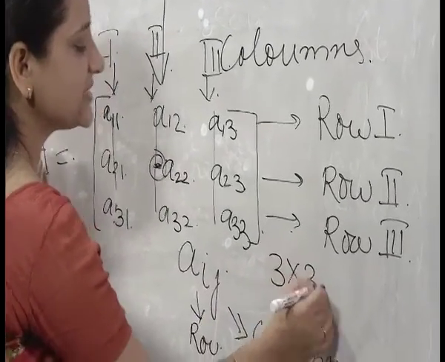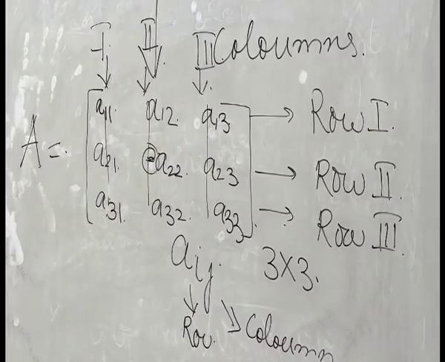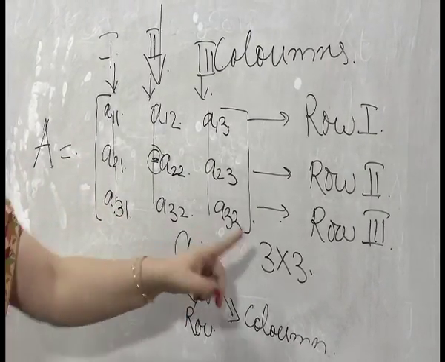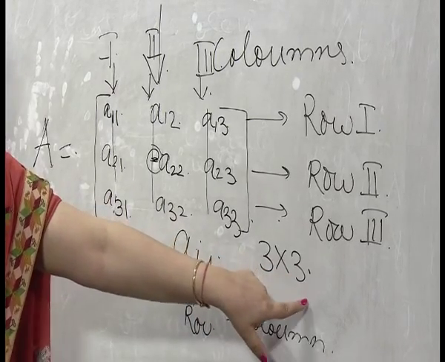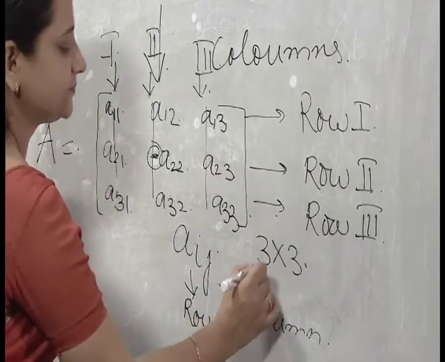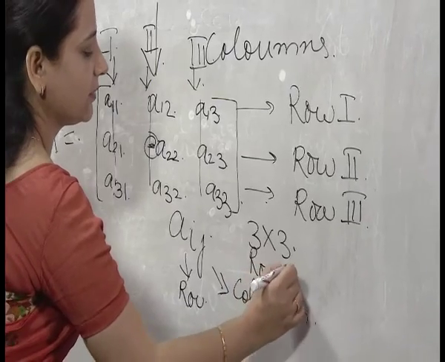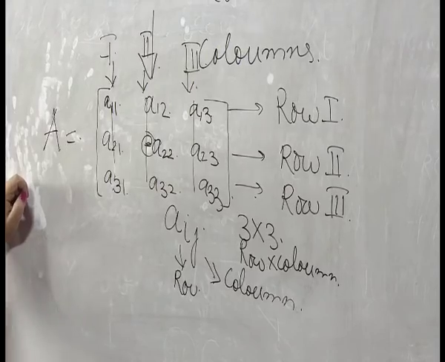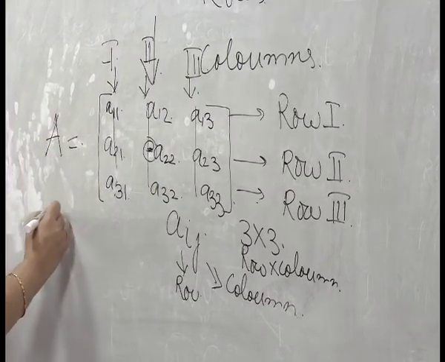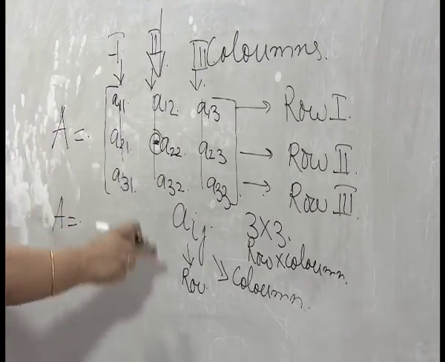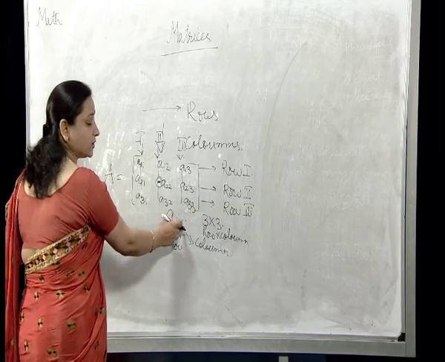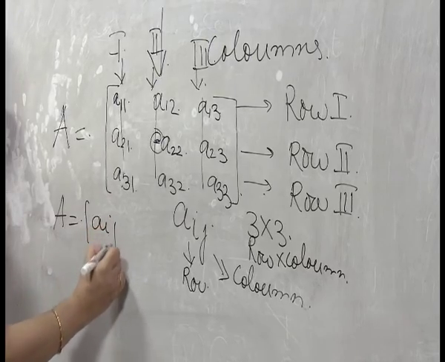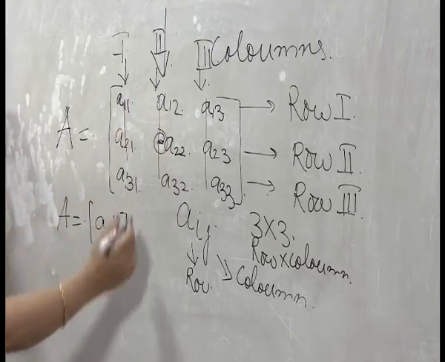Now we can define the order of the matrix. Order is defined by rows into columns. If you have a matrix A, whose elements are denoted by Aij, what is the order of this matrix?